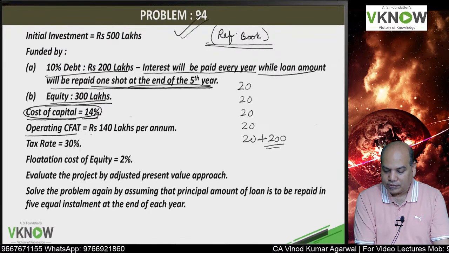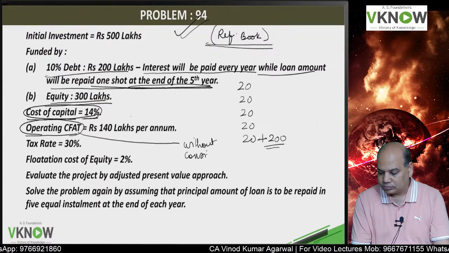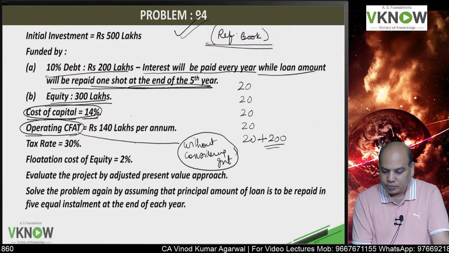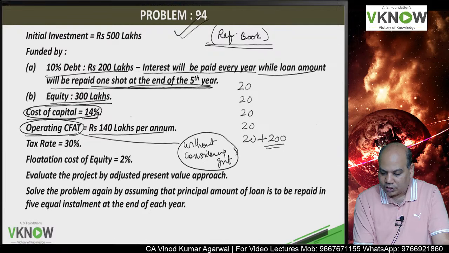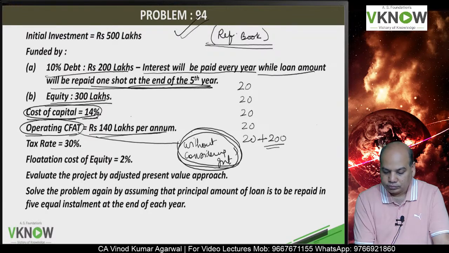Operating CFAT means without considering interest. Operating CFAT is 140 lakh per annum, so it has not considered interest implication.